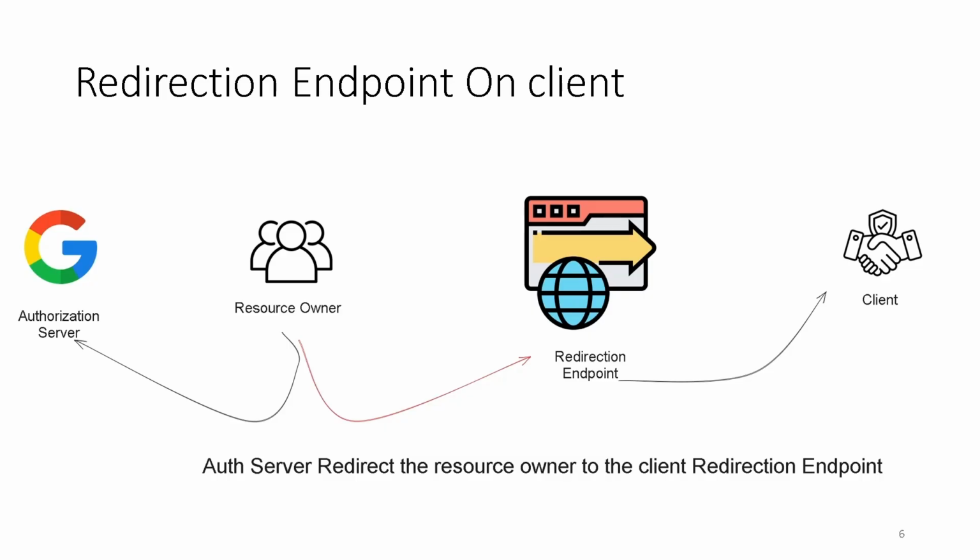To ensure this redirection endpoint doesn't get spoofed or intercepted, the client must have previously registered this redirection endpoint with the authorization server. This is typically done with the registration process, like we said. The redirection includes important information about the authorization result, such as the authorization code, if the user was granted access, or error information if they didn't, and that's why it has to be TLS protected.